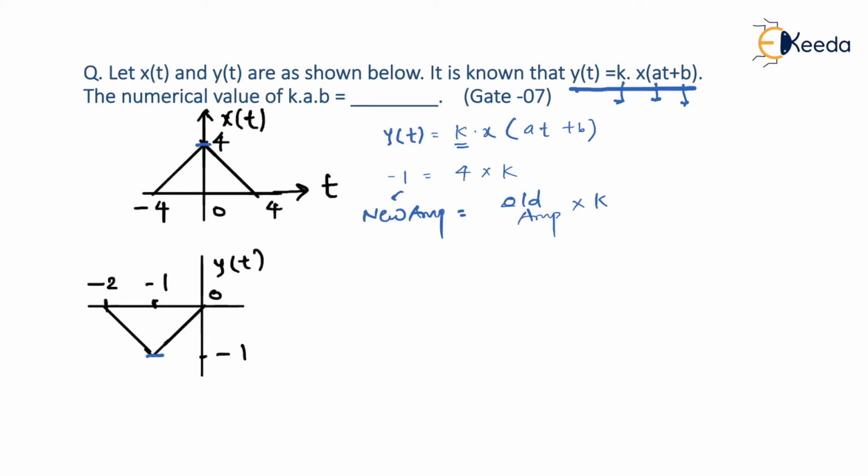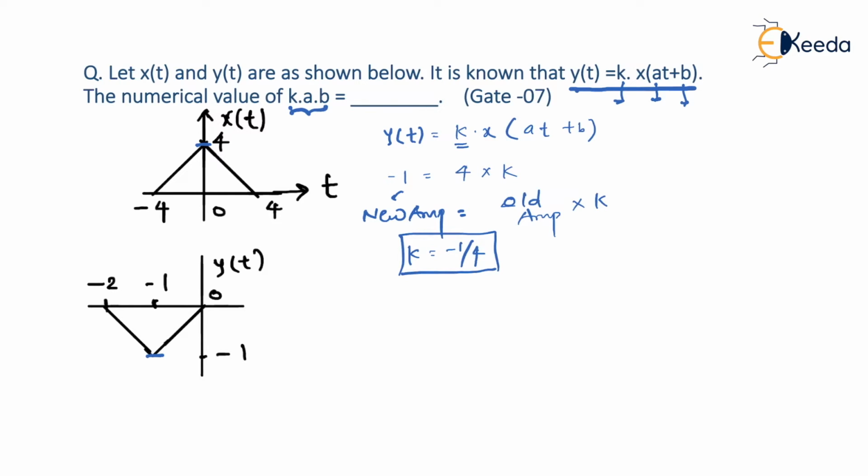In that case, k is simply -1 by 4. So it is quite simple. k is equal to -1 by 4. Since we had to take a product of k, a and b, we got the value of k.